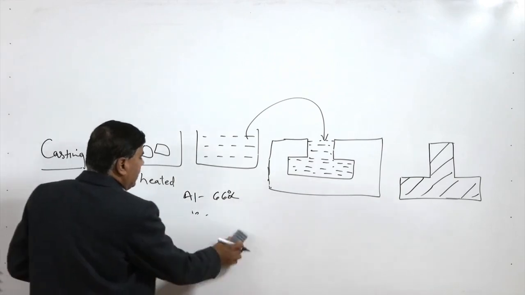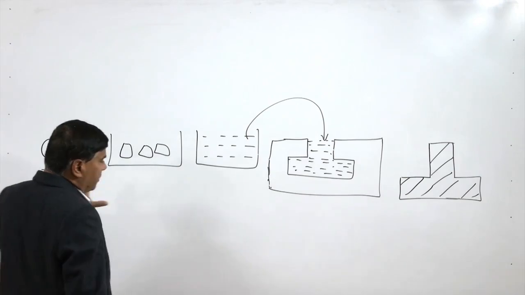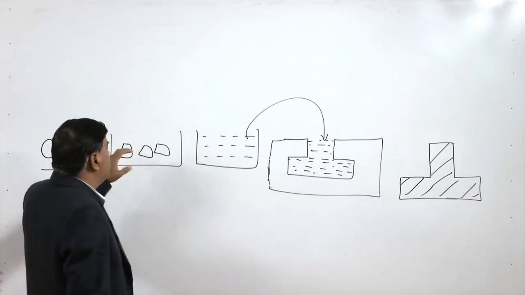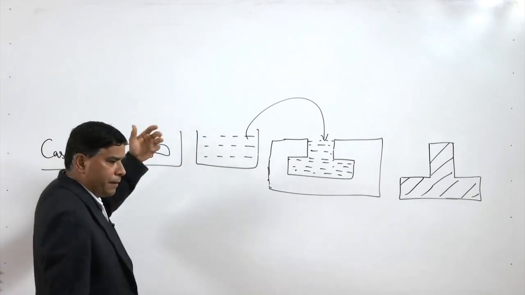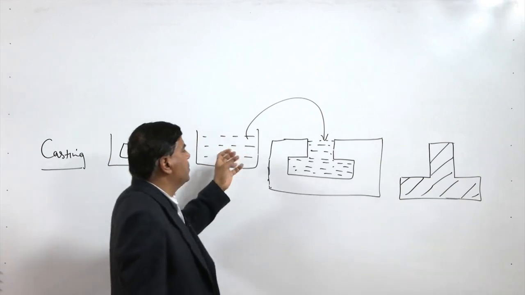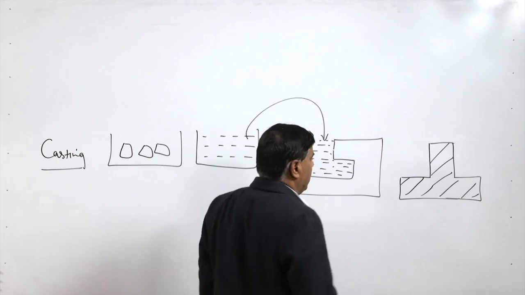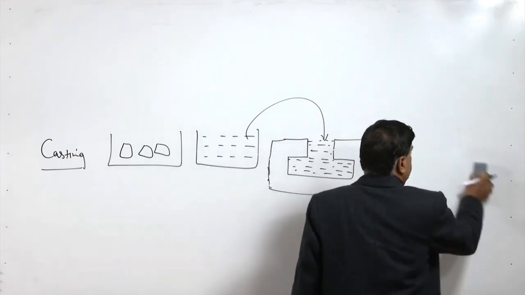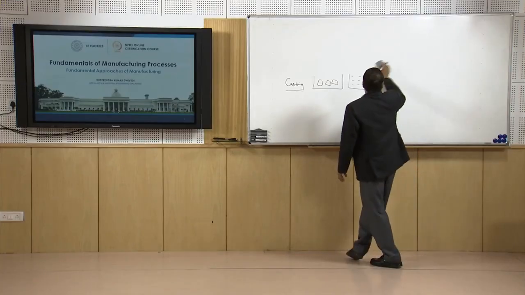In this case, the hardness and strength of the material do not play any role. What is important? It should not interact much with the gases and the atmospheric ambient air, which otherwise can lead to the formation of inclusions, impurities or porosity in the cast products.